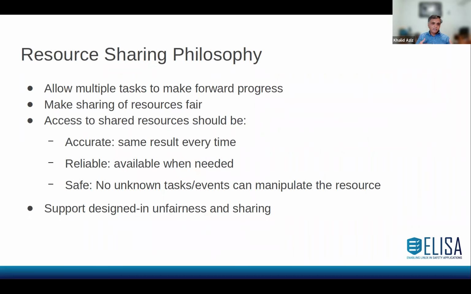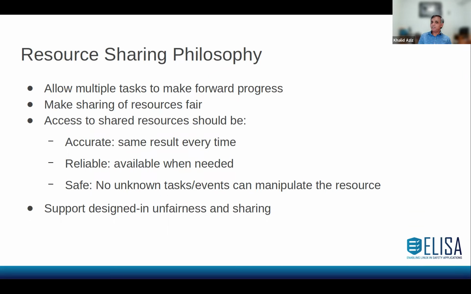As the kernel implements this sharing, there are certain guidelines, a philosophy that it follows to make sure all of the sharing is done the right way. The one core principle is that every task that's running on the system should be able to make forward progress.